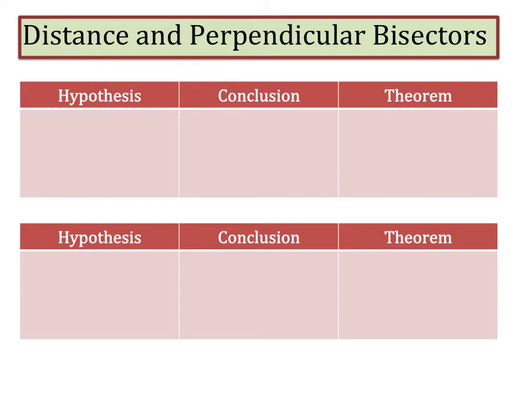Let's look at two examples of perpendicular bisectors and see if we can draw some conclusions from them. So, if I have a line segment with points A and B, and then I have a perpendicular bisector, what I know is these two segments are congruent, and the distance from a point on the perpendicular bisector to these points is congruent as well.